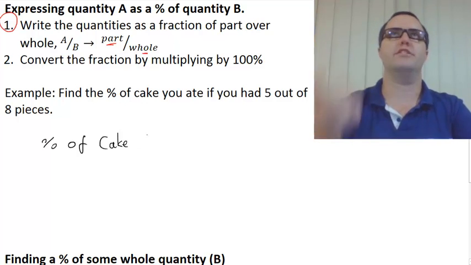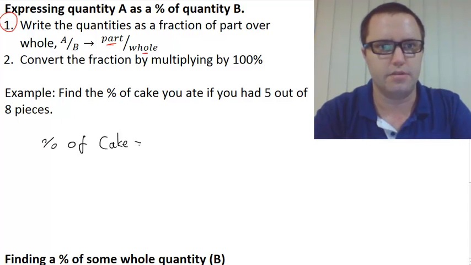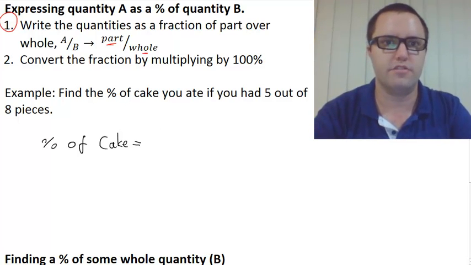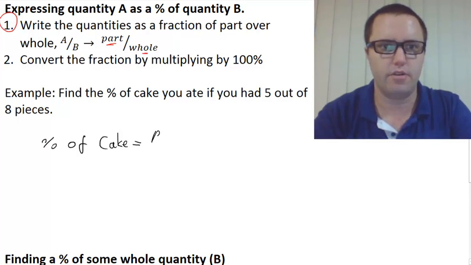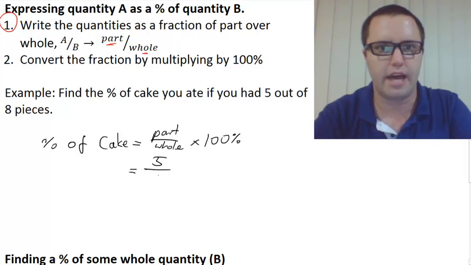So percentage of cake is equal to the fraction of part over a whole times 100%, and the part is 5 and the whole is 8.